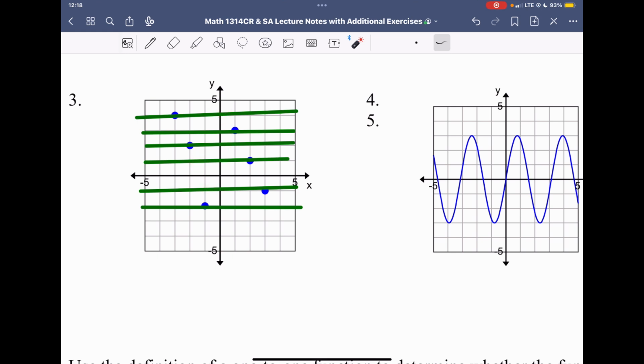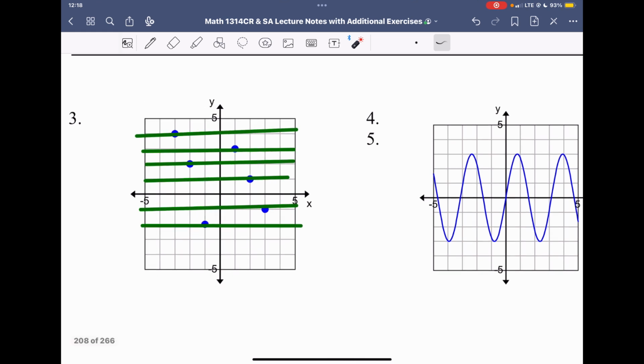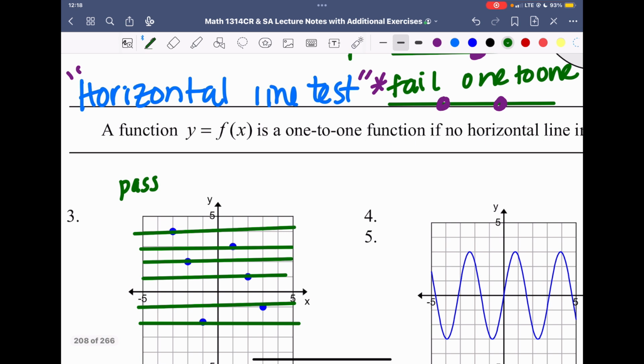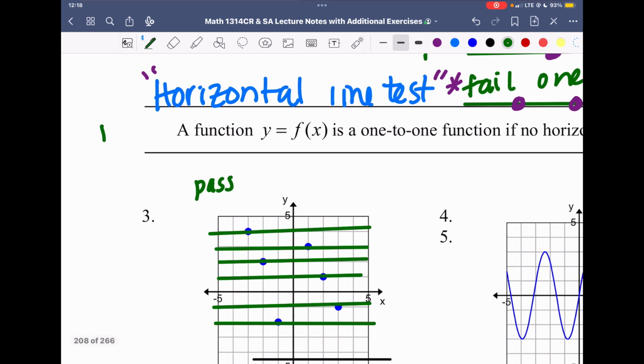If any of these lines had more than one point, that would have been a fail. But in this case, I only have one point on each line. So this relation is one-to-one. This is a pass. We're going to call the horizontal line test the HLT. So it's a pass of the horizontal line test, which implies that this is one-to-one.